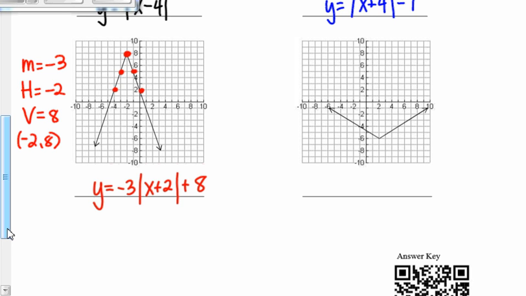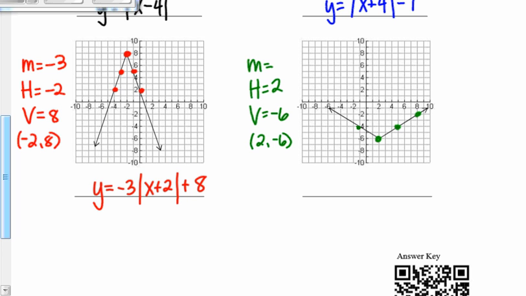And then our last problem on the homework here, looking where that vertex is. The vertex is at 2, -6. So h would be 2, v is -6. And then let's check out what the slope is.